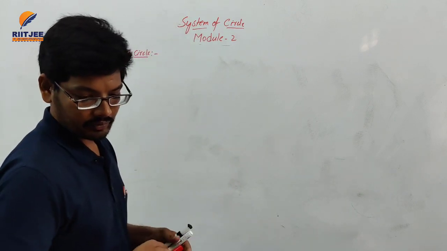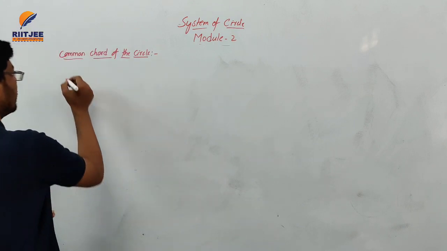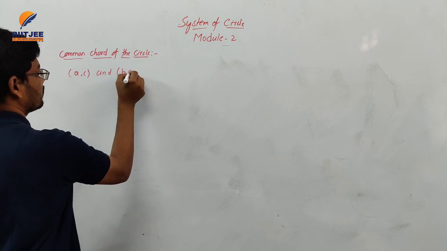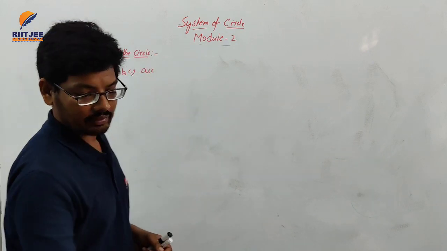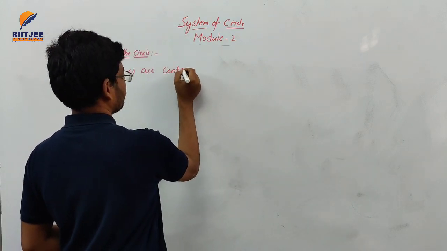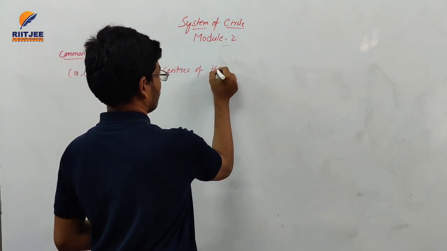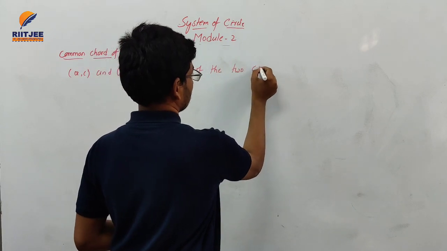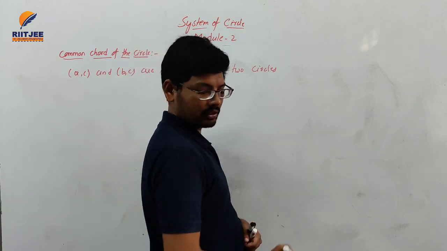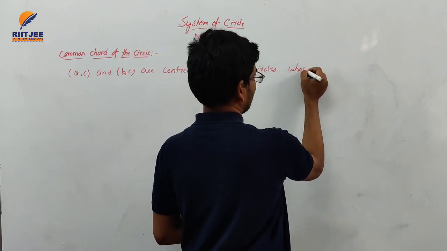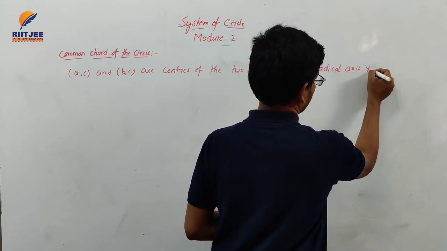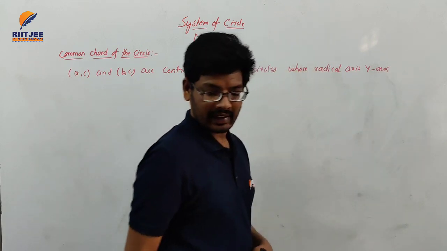(A, C) and (B, C) are centers of the two circles, and whose radical axis is the y-axis.